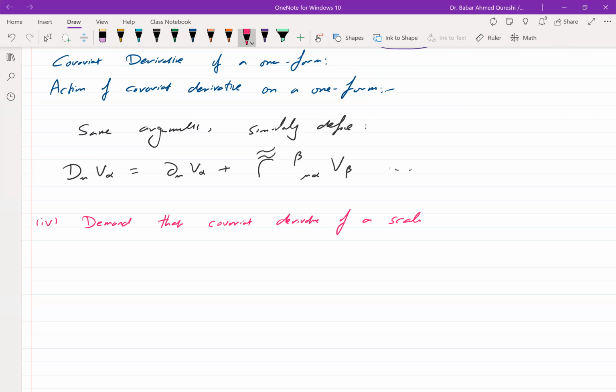Because on scalars, we know that the partials are already tensors. Because nothing comes from within, by chain rule this just transforms like this, which is already a proper one-form transformation law. So a scalar is a 0,0 tensor, and it's mapped to a 0,1 tensor just by the partial. So the partial acts like a covariant derivative on the scalars.